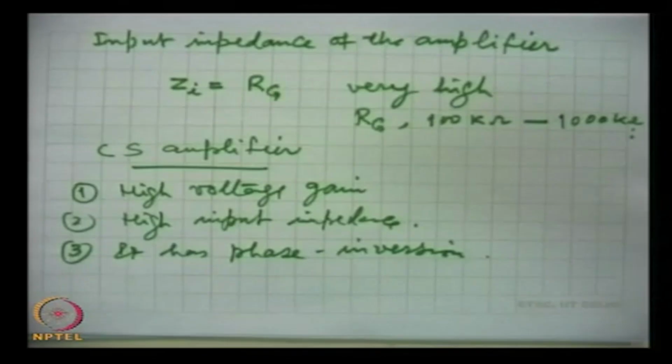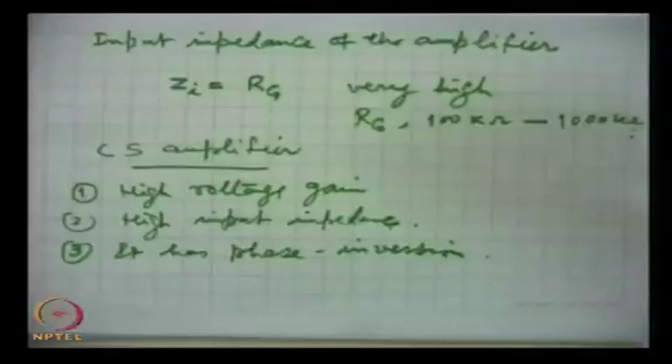These are the characteristics of a CS amplifier. One thing I may mention here, that the voltage gain for a MOSFET or junction field effect transistor, if we compare with a bipolar transistor, is much less. But there are other benefits.